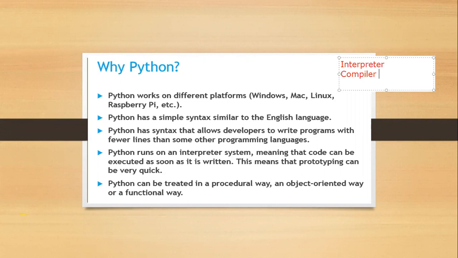Why it is being interpreted is because I had said earlier that our machines only understand machine language. I've also said that Python is written in a language that is almost English-like. And so computers do not understand these high languages that are English-like.